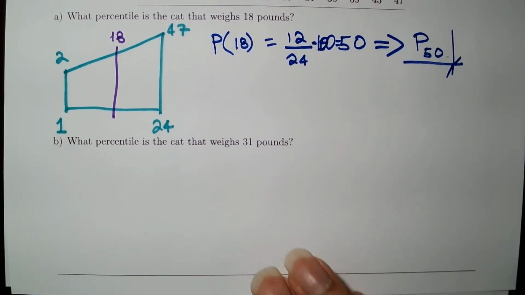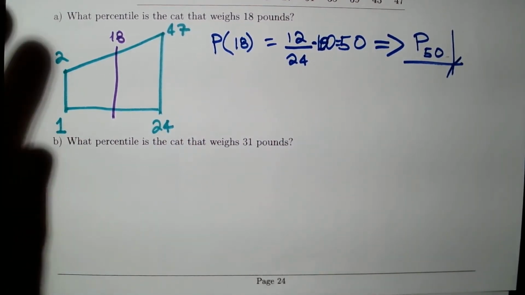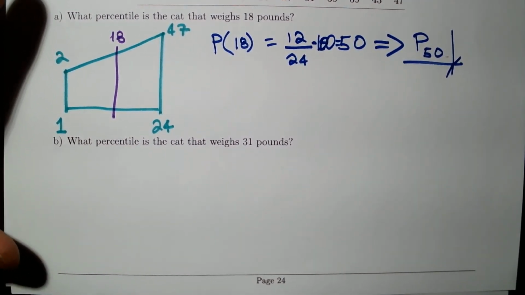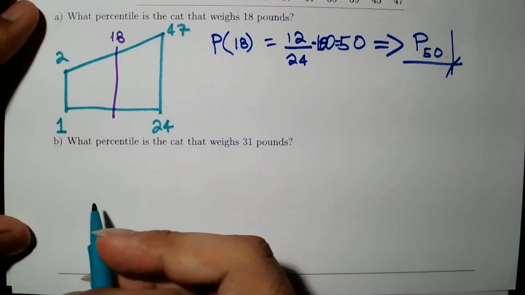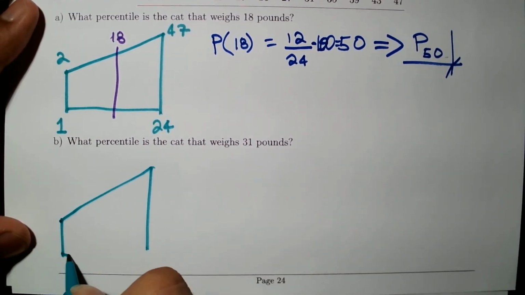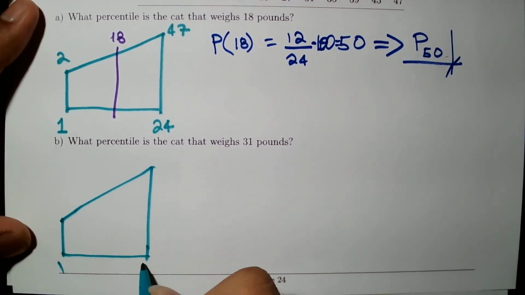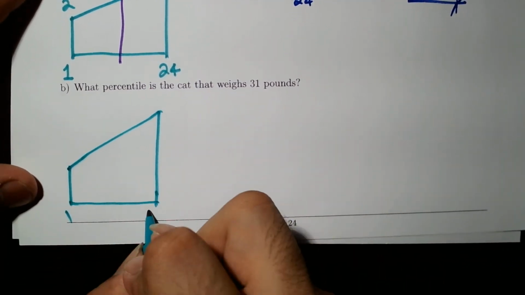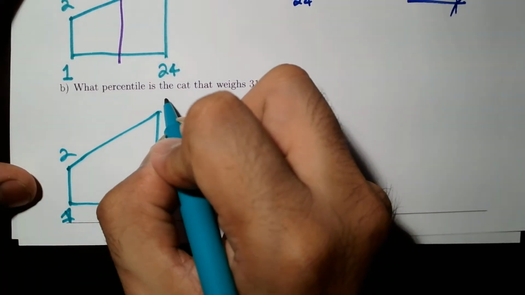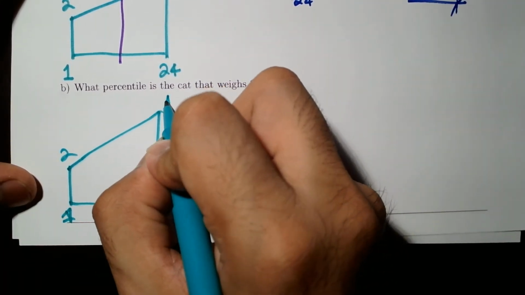What percentile is the cat that weighs 31 pounds? Let's do the same diagram here. 1, 24, and 2, and 47.